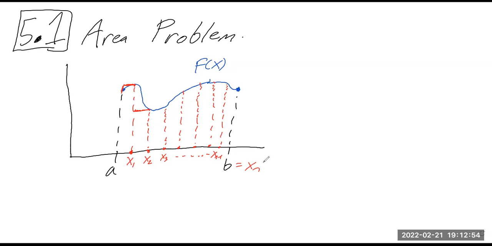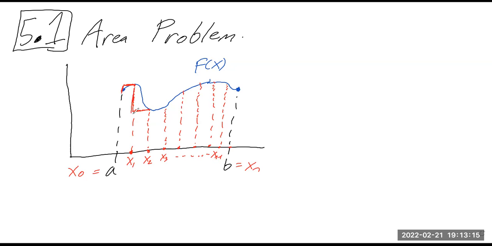Now, if you notice closely by this diagram, the right endpoint of the last rectangle is actually going to be your endpoint b. And the left endpoint of the first rectangle is actually a. These get labeled xn and x0 appropriately.